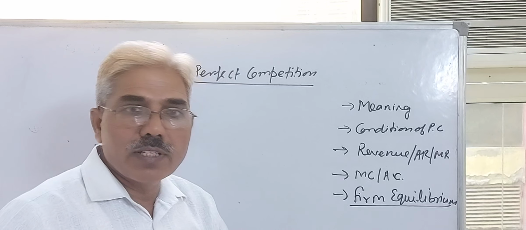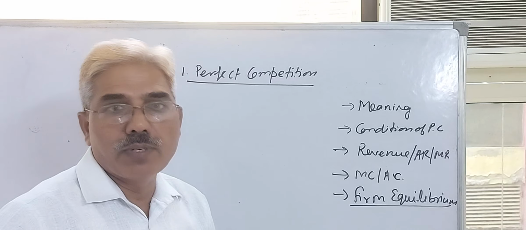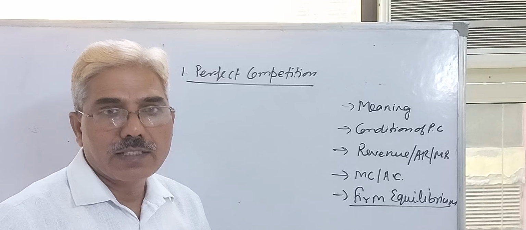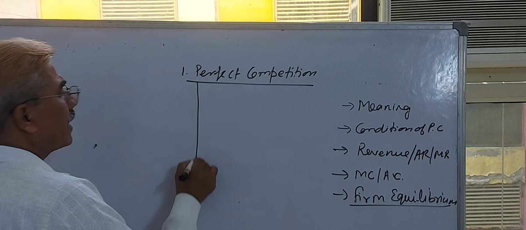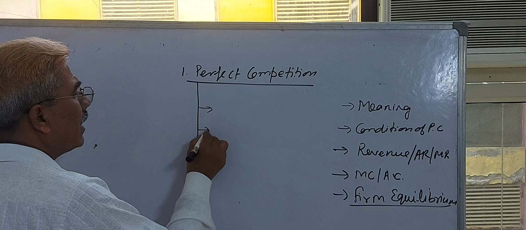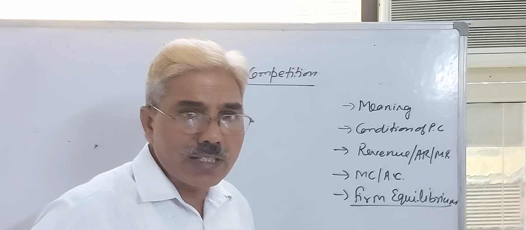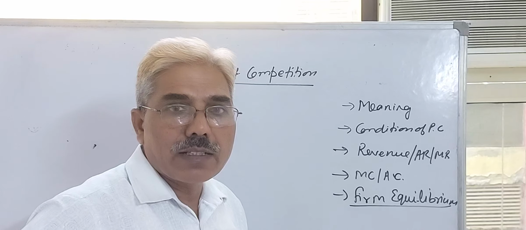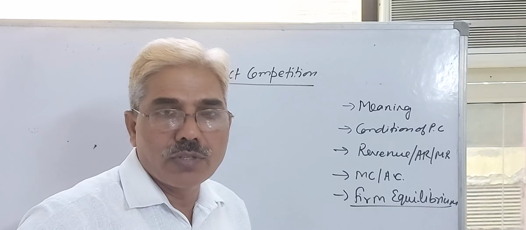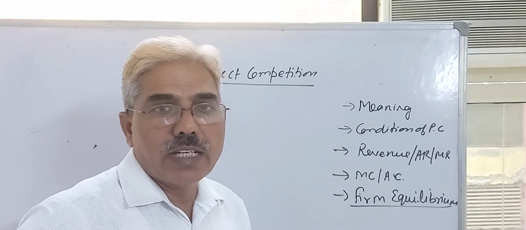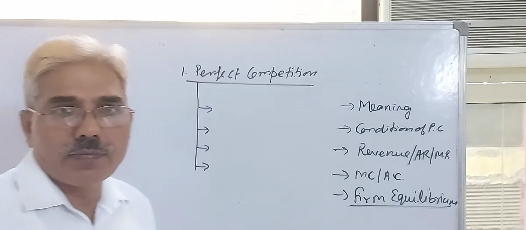It may be monopolistic, monopoly, oligopoly, duopoly, etc. I am explaining here only the crux of this topic, so that without going through bulky books, you can understand the concept within a few minutes.